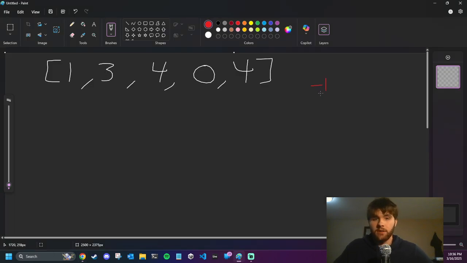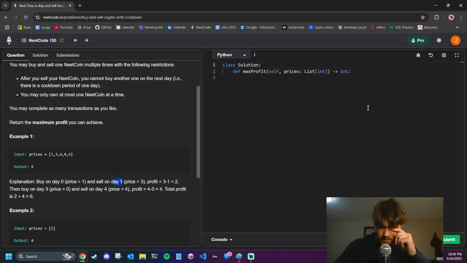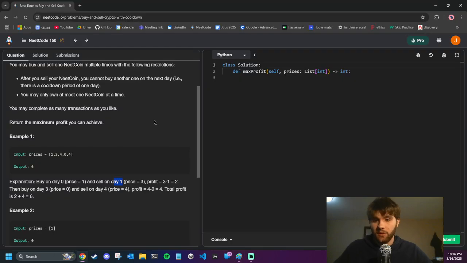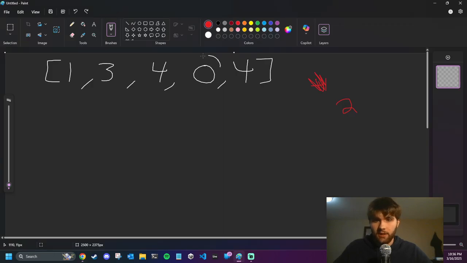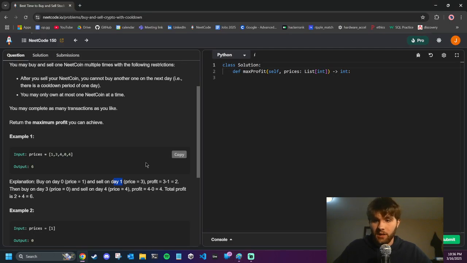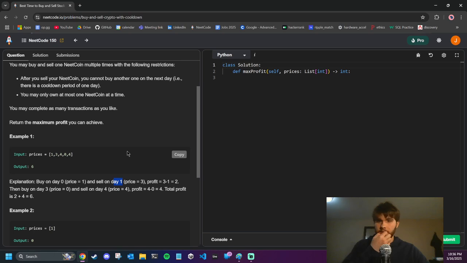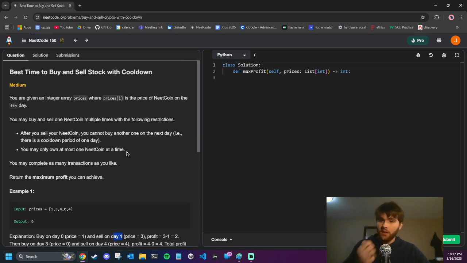So then we get 3. So then our total net worth is 2. We can't buy on day 2 because of the cooldown. So we're going to buy on day 3 for 0. So -0. So we're still at 2. And sell on day 4. And we will get another 4, and we'll end up with $6. Okay.